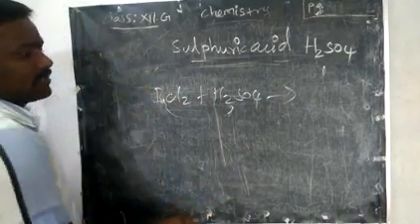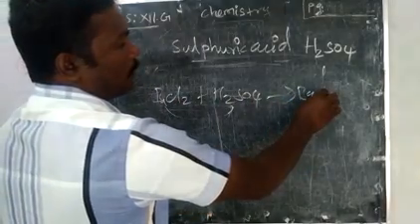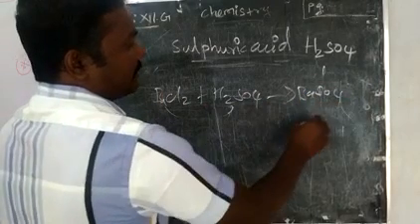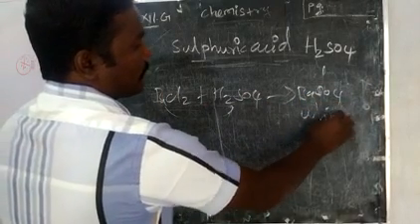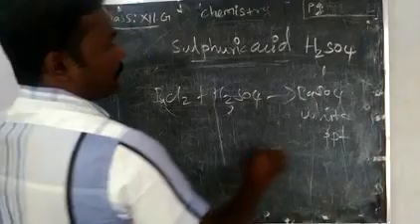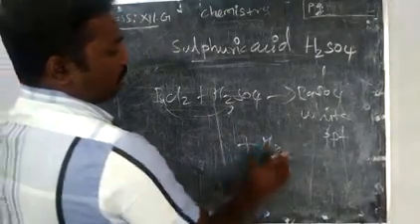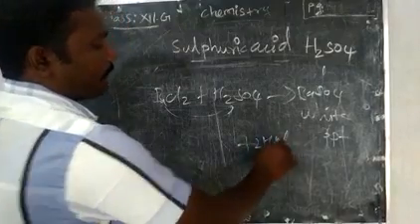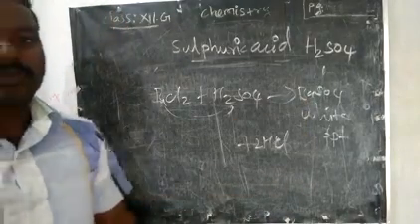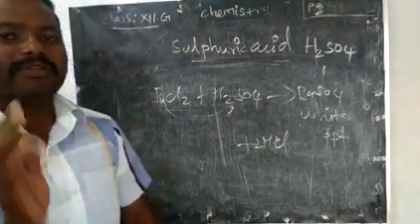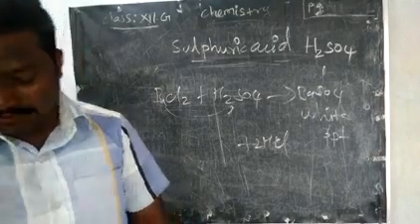Barium sulfate will form as a white colored precipitate, along with HCl. Okay, so if a white precipitate forms with barium chloride solution, we can confirm that it is sulfuric acid.